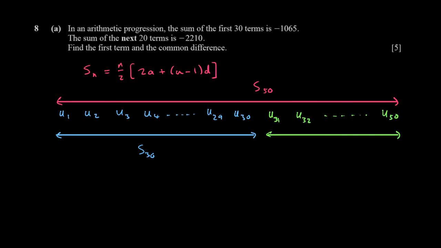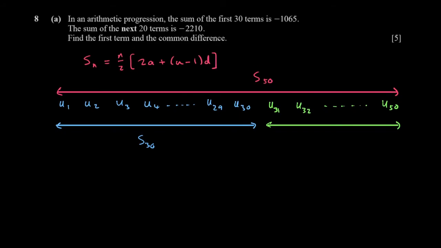Okay, so now effectively all we've got to do is substitute into the formula. So sum of the first 30 terms, S30, is 30 upon 2, 15, times 2a plus (n minus 1), so that's 29, times d. And we know that that is equal to negative 1065.